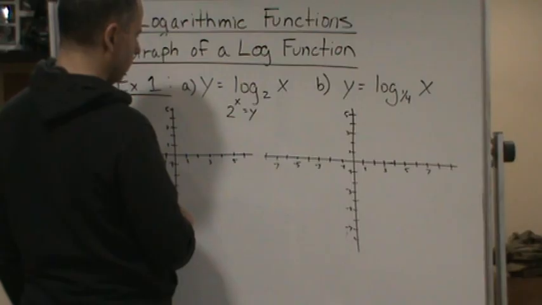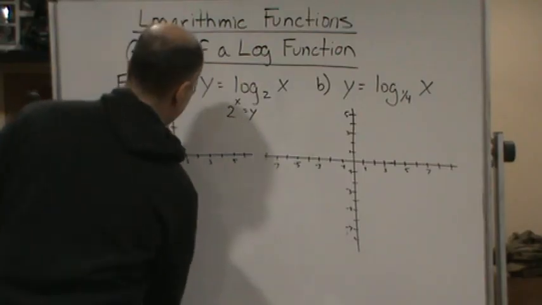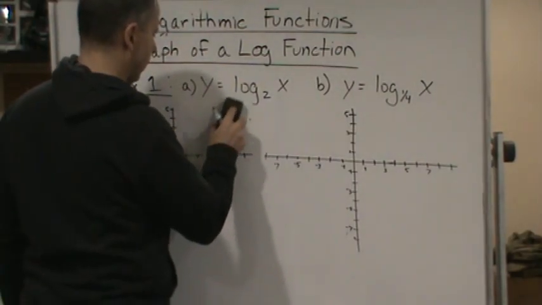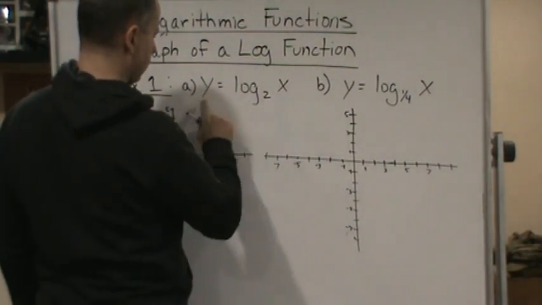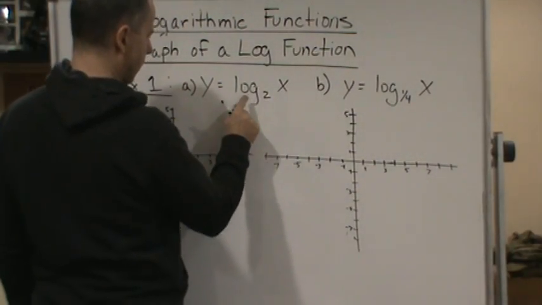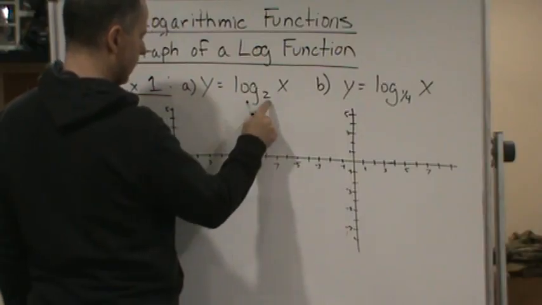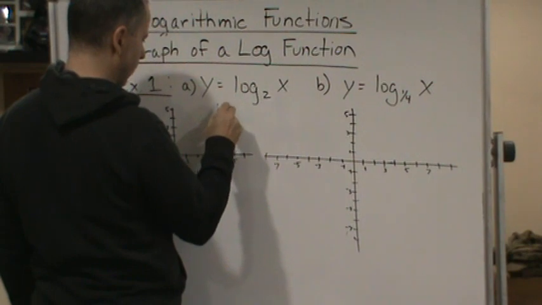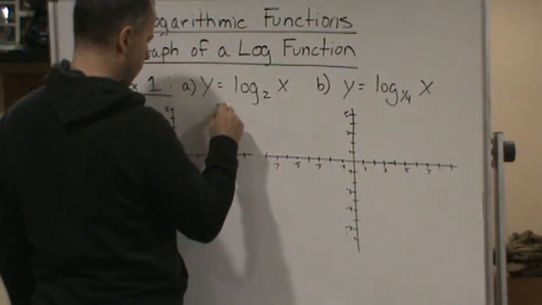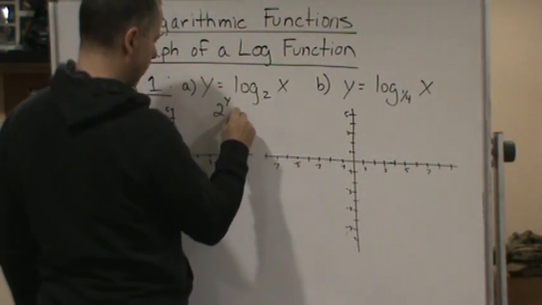But, oh, hold on a second. I wrote that wrong. Sorry, I'm so used to writing in terms of x. Remember, the log is the exponent. Y is the exponent. So 2 raised to the power of y equals x. That's what I wanted. That makes more sense.